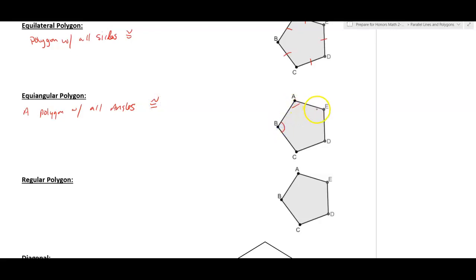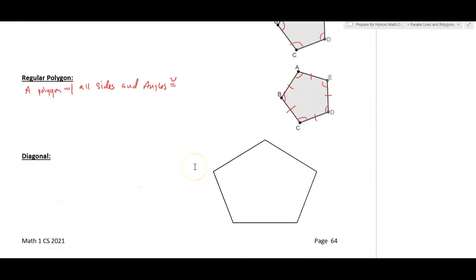So you would have something like this. Now, the most important one for this section is a regular polygon. It's basically a polygon with all sides and angles congruent. So you would have it be both equilateral and equiangular. Okay, so you guys have to know the difference between those words also.